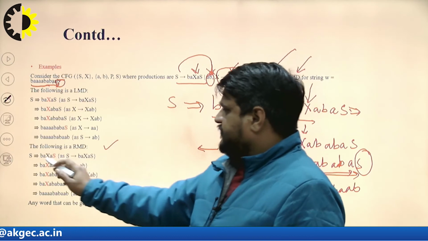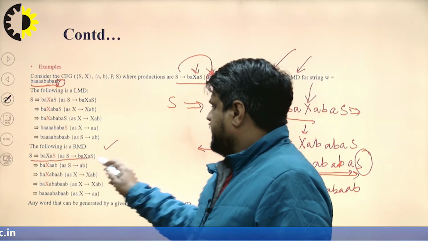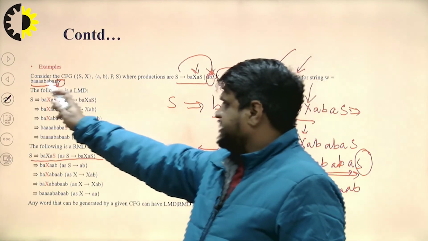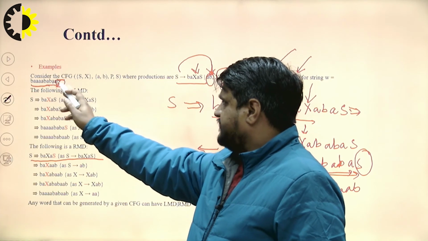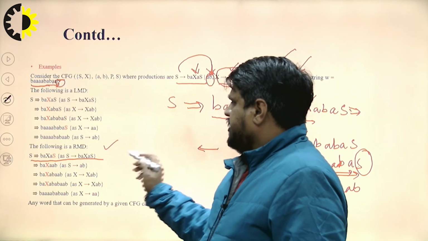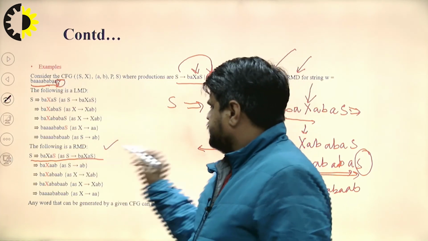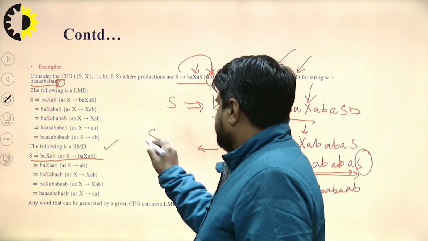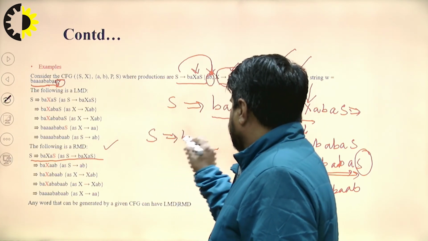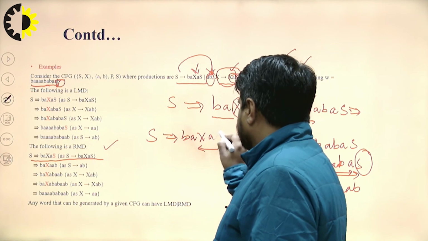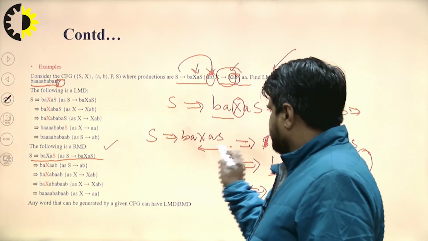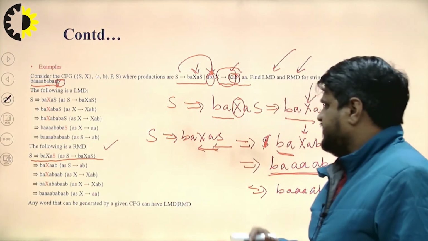So you can see from here once again, I want to generate the string B A A A A, 4 times, after that B A B A A B. So the first production will be the same, S tends to B A X A S, and after that you will scan from right to left, right?